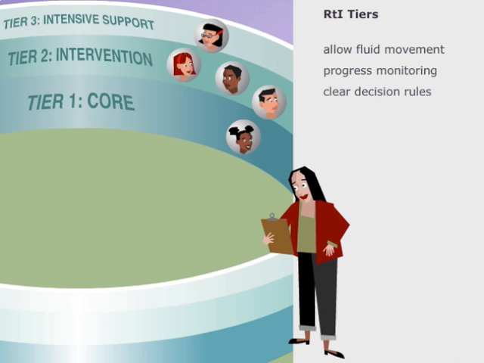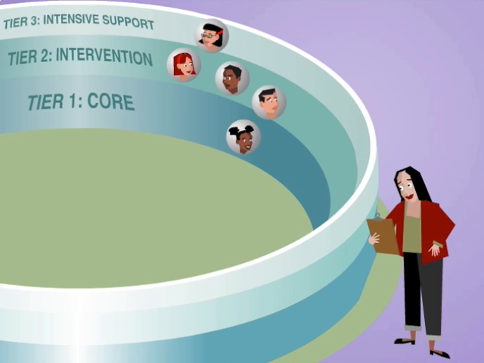And if schools use clear decision rules with their student performance data, students should never find themselves stuck in the system. For example, if students show adequate response to Tier 2 or Tier 3 interventions, they can be transitioned back into lower tiers.